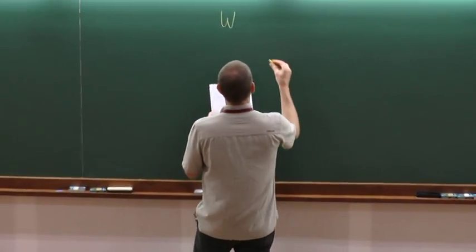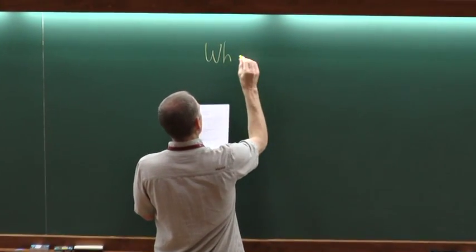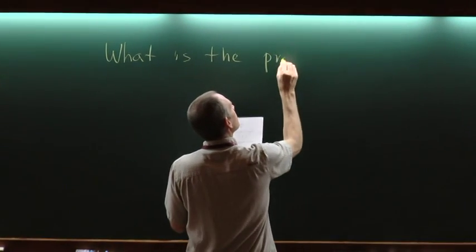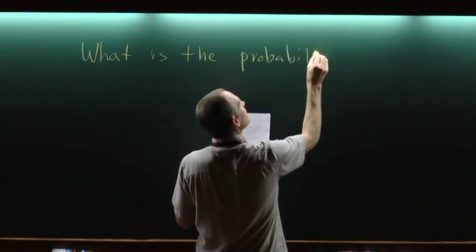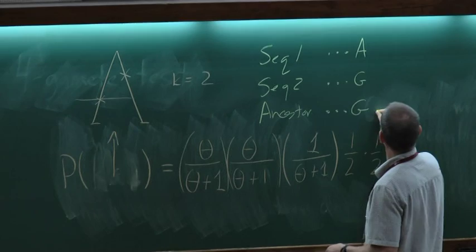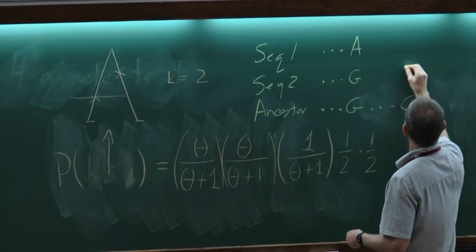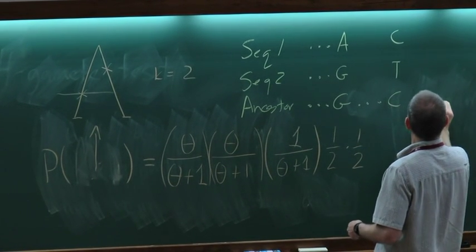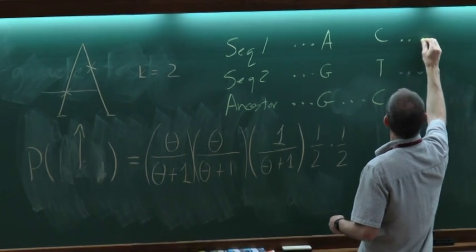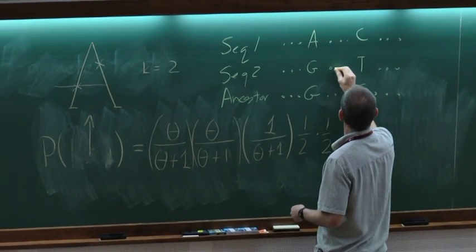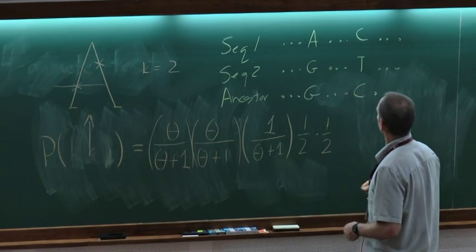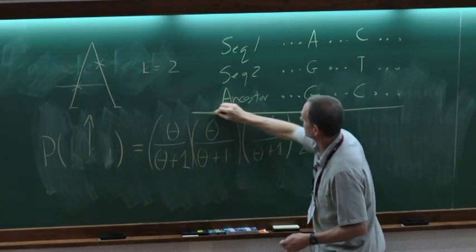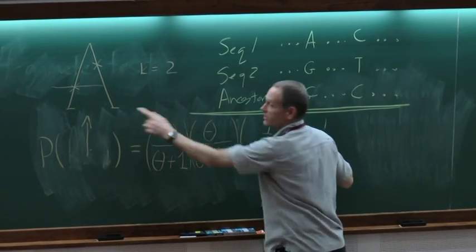So this is the first problem. If it's helpful, here's a data set that could be the result of those mutations, right?